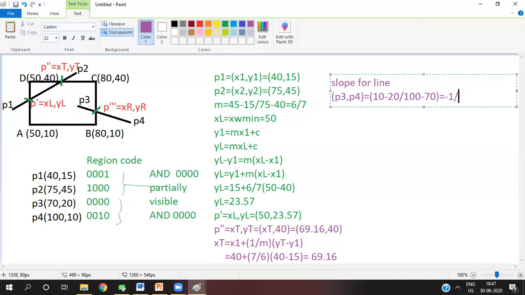Okay, this is the slope of the line here you got.